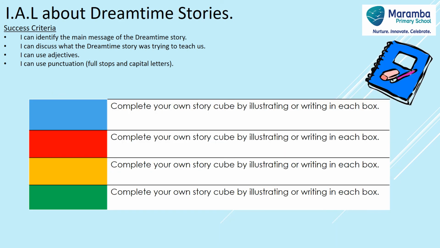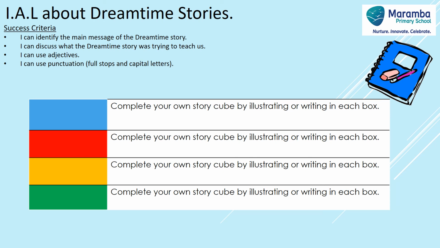Blue group, you will do a picture on each side of your cube to fill in. Red group, you will also be doing an illustration, and I'd like you to really try and write some words or a sentence in each box.